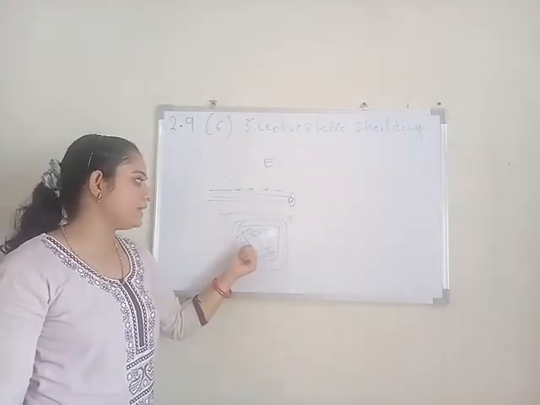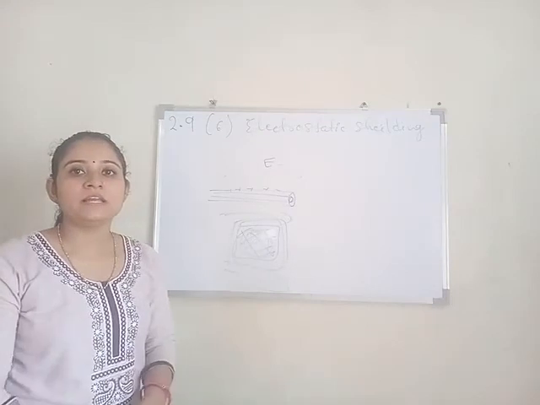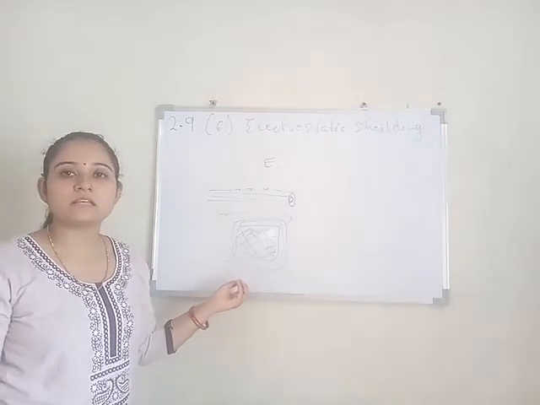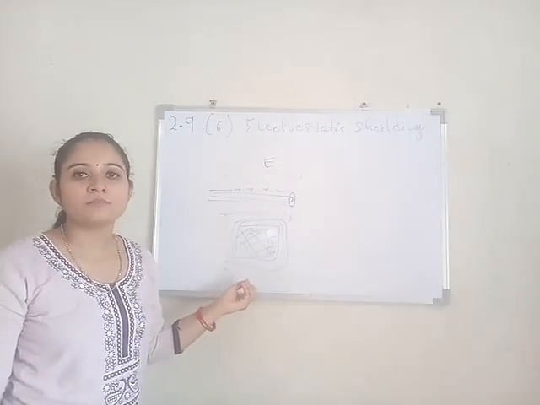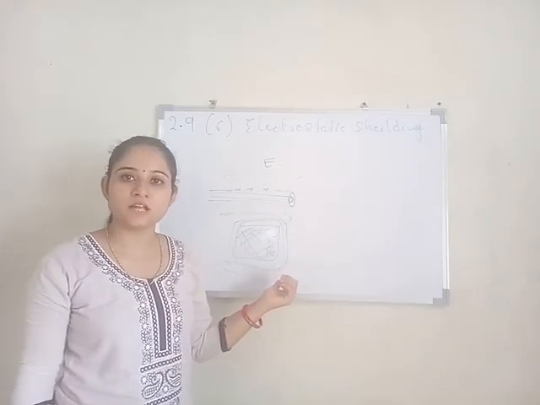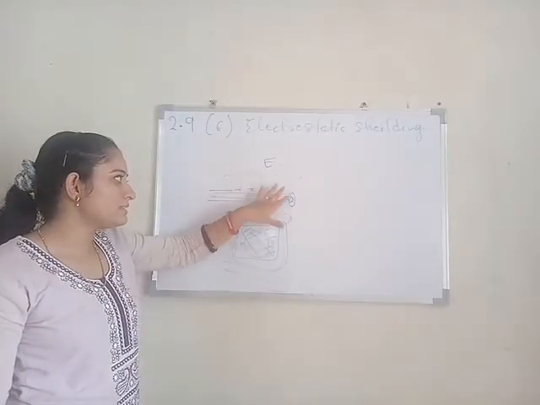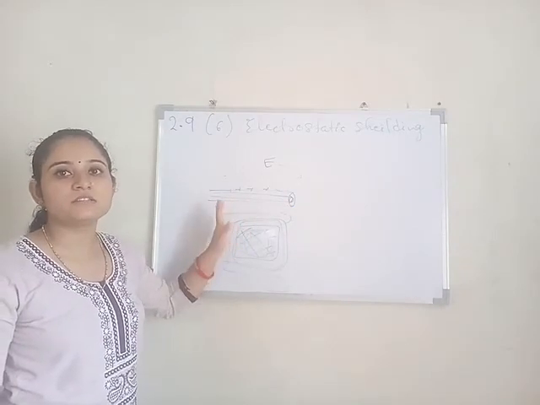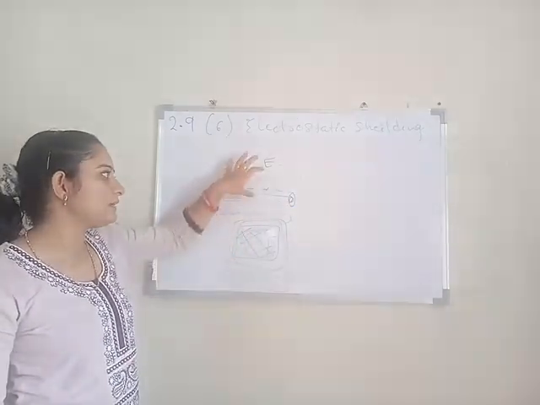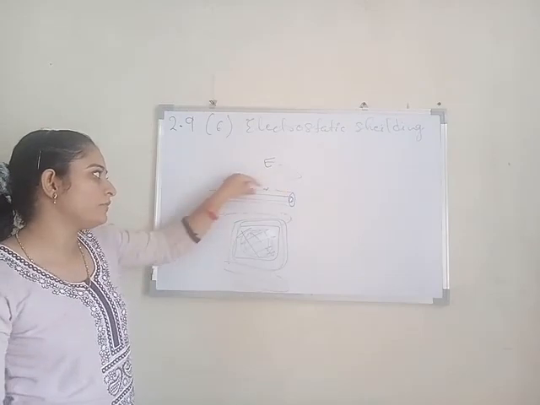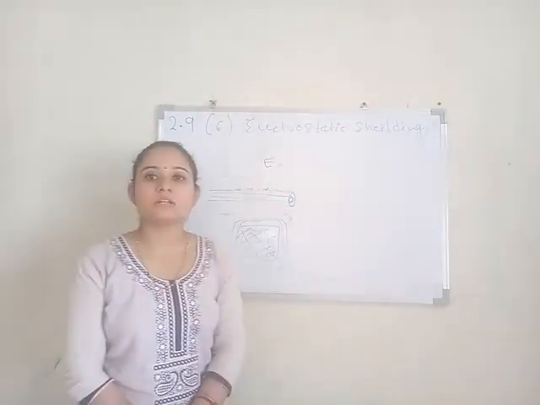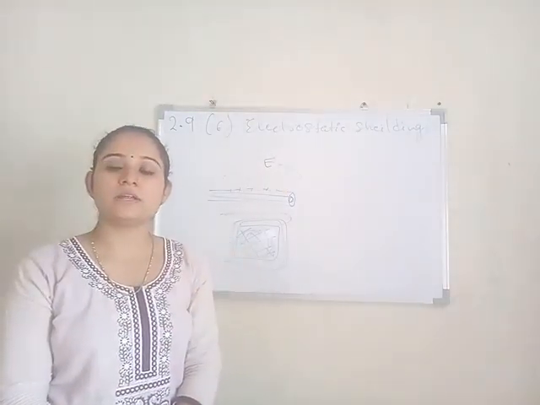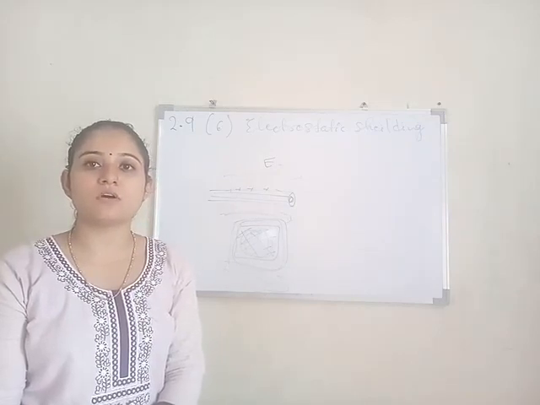So this property is useful for protecting some devices from the effect of electric field and charges. So inside any cavity there are no charges or no field, and the field is only on the outer surface, or the charges are accumulated only on the outer surface of any metal.